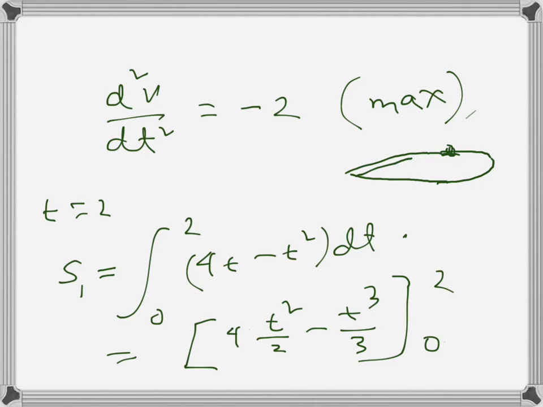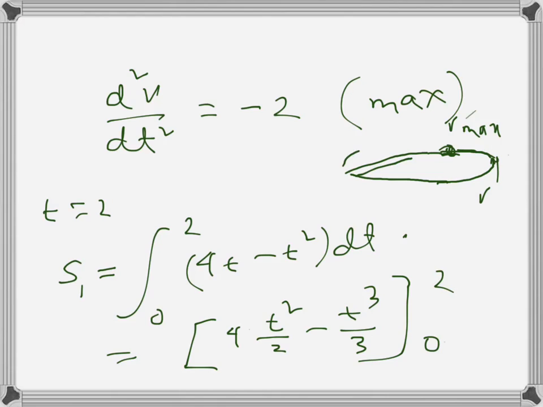So let's say somewhere here the velocity is maximum, then it starts decelerating, and at some point, before returning, when it starts to return, the velocity becomes 0. So we can find that point at the time when the velocity becomes 0.